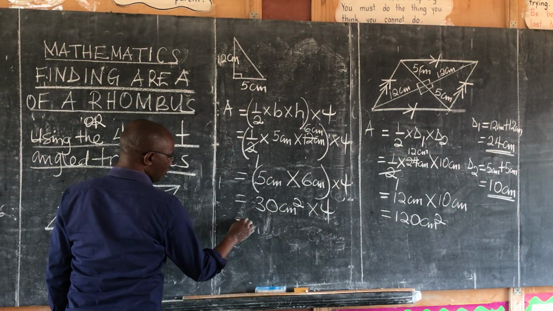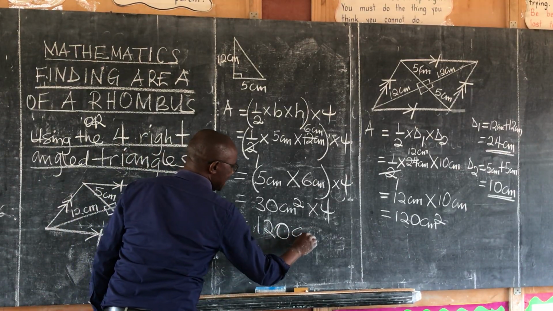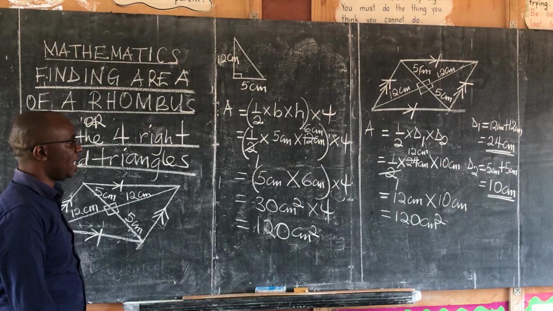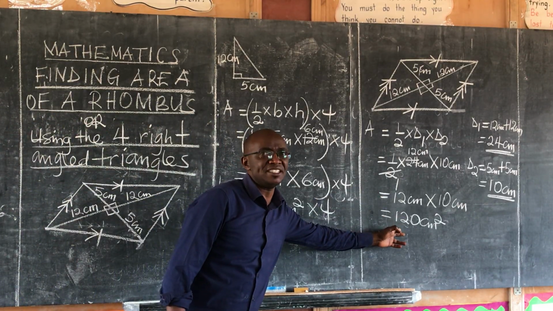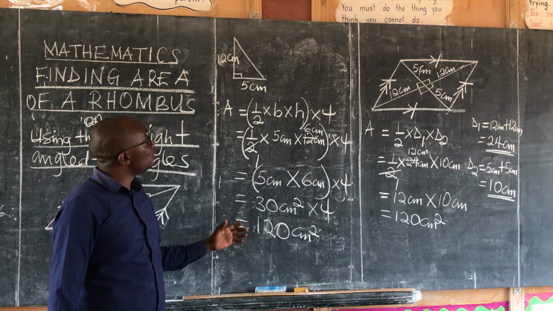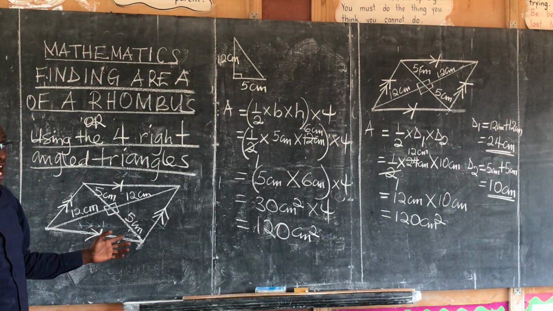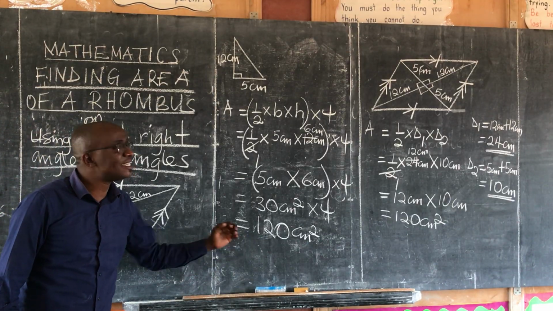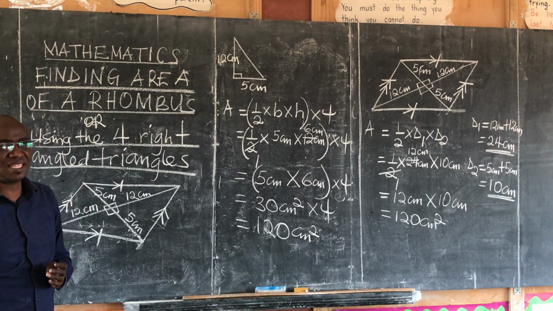When you multiply by 4, you are going to get 120 centimeters square. Here we used diagonals, and we got 120 centimeters square. Here we used the 4 right angled triangles. We are also getting the same area. Different method. Now, I'm going to give my last method.